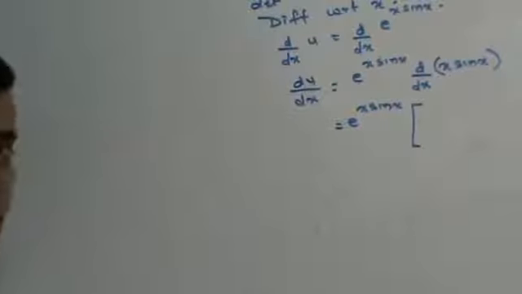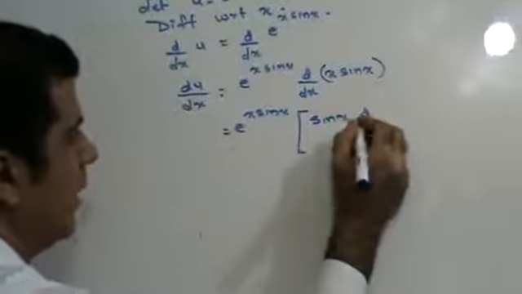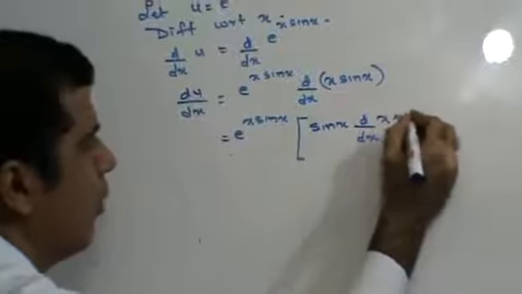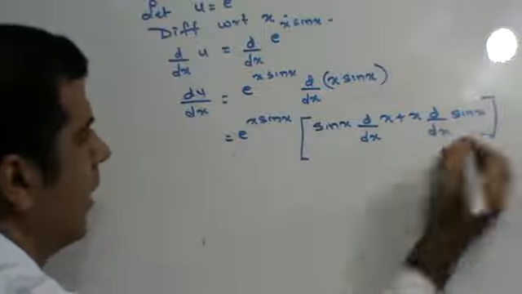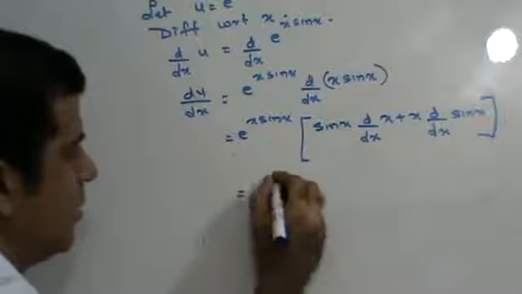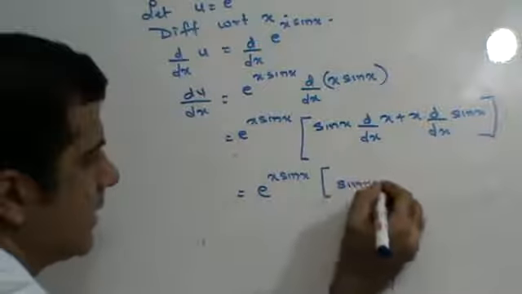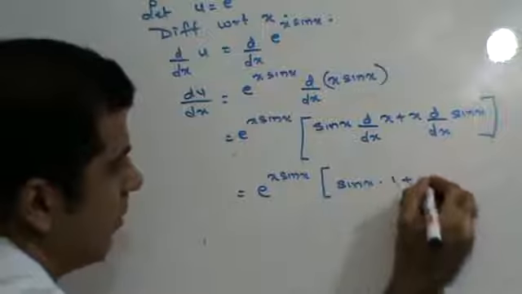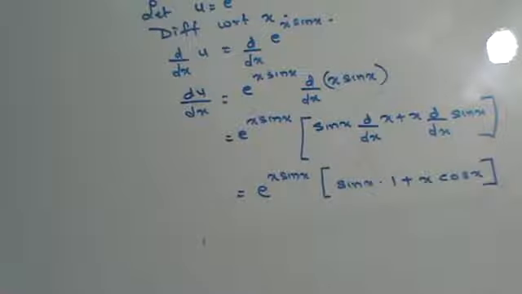Here I can use the uv formula. So this is v derivative of u plus u derivative of v. So this is e raised to x sin x, sin x as it is, d by dx of x is 1, plus x, d by dx of sin x is cos x, right?